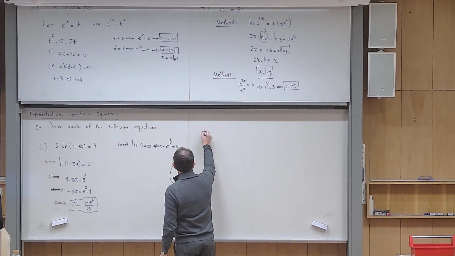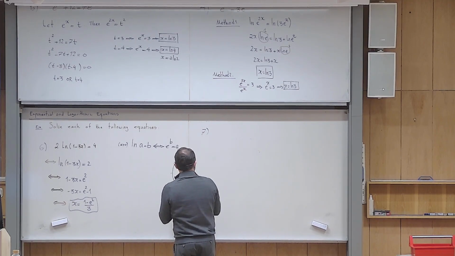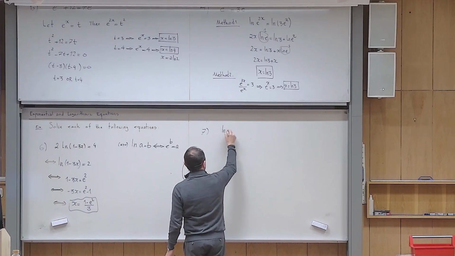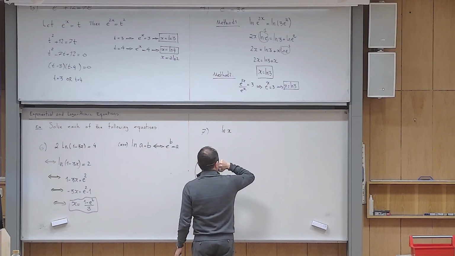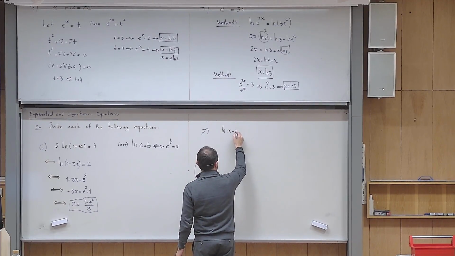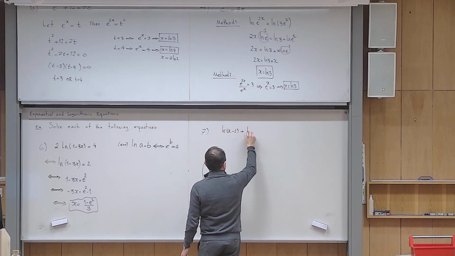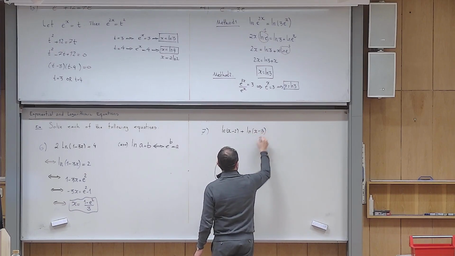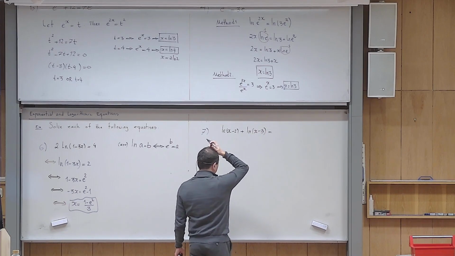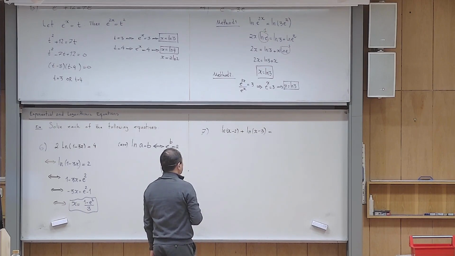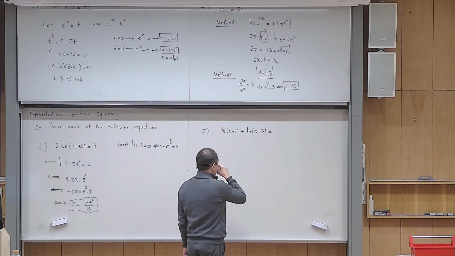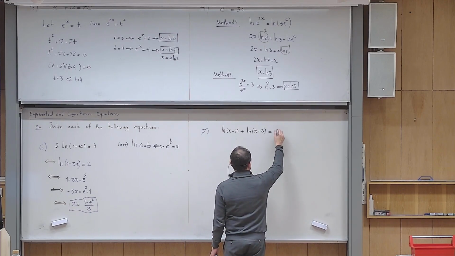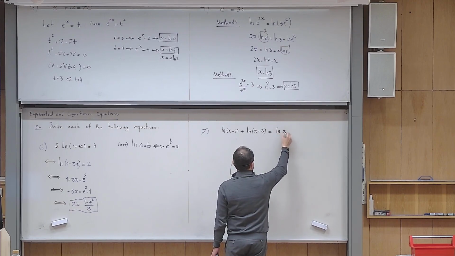So for example, number 7, let me write another one. Let me try to see if I can, ln of x minus 2 plus ln of x minus 3 is equal to, I don't know, let me just write ln of x.